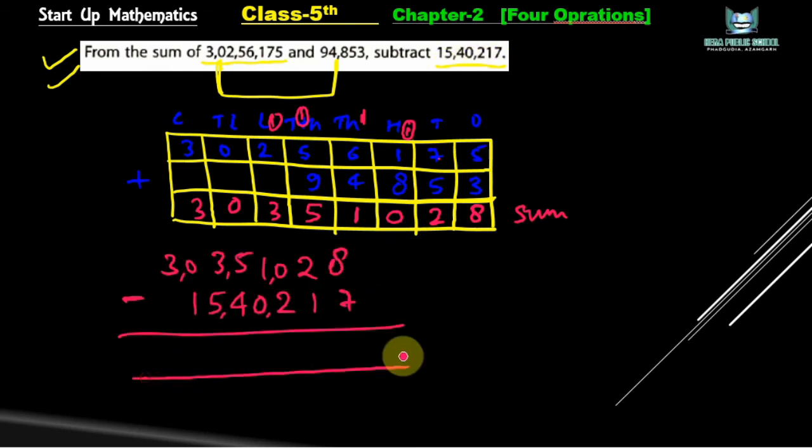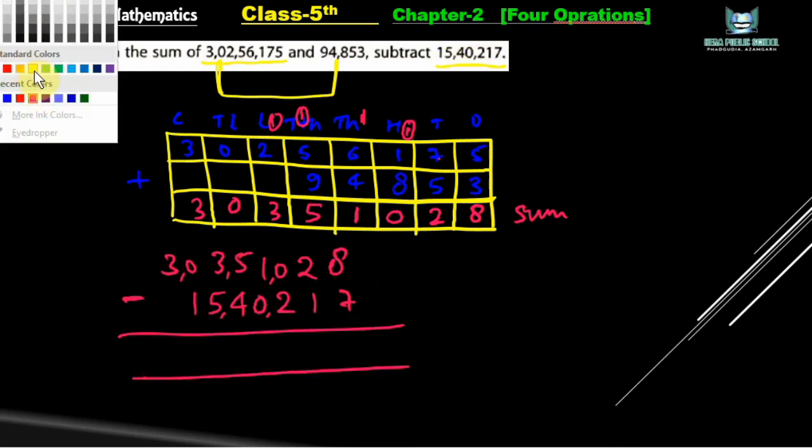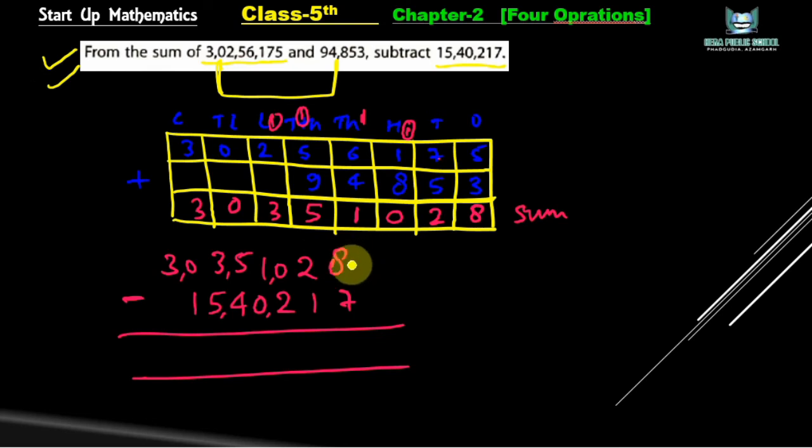So 8 minus 7 is equal to 1. 2 minus 1 is equal to 1. 0 minus 2, we cannot subtract 2 from 0, so we need a borrow. So if we take a borrow, we get here 10. So 10 minus 2 is equal to 8. Here we get 0 because 1 has already given 1 borrow.